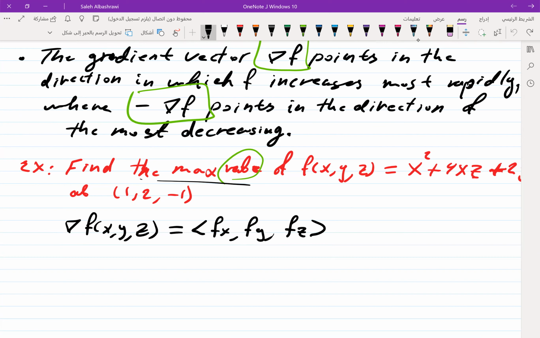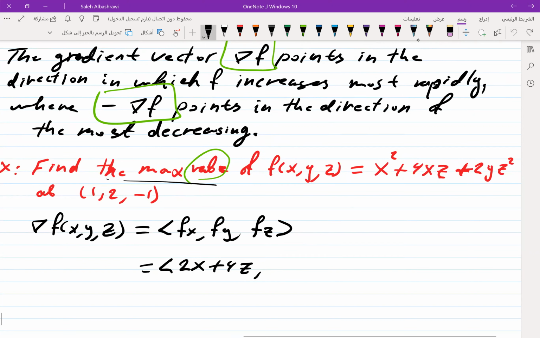The partial derivative with respect to x will give me 2x plus 4z. Now the partial derivative with respect to y is 2z squared. Now the partial derivative with respect to z will give me 4x plus 4yz.